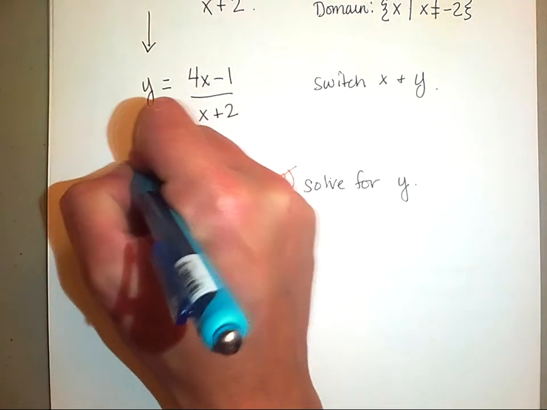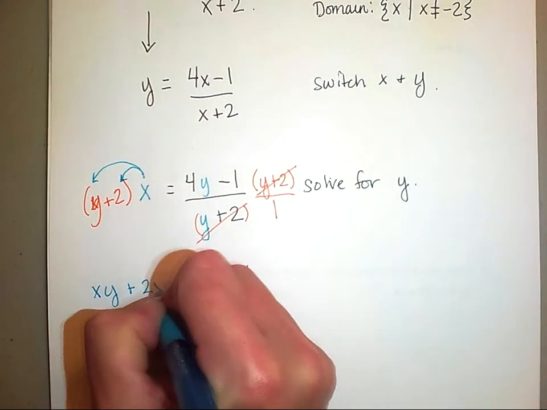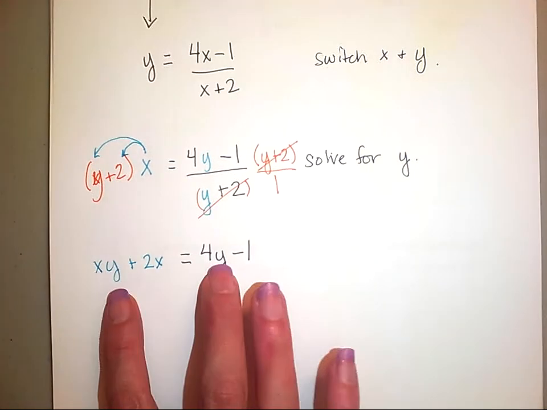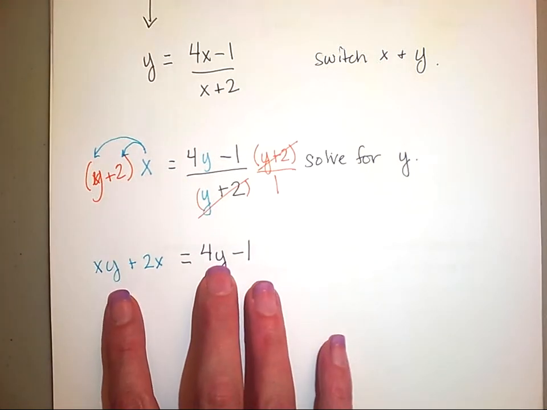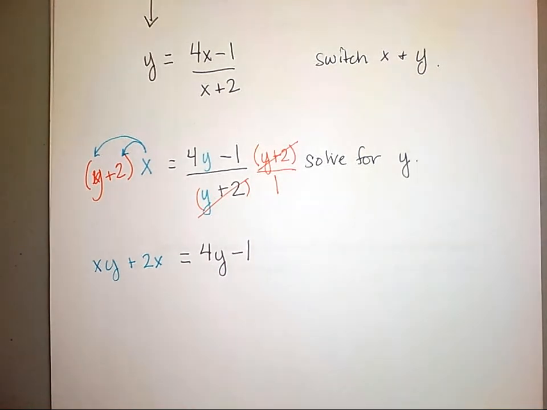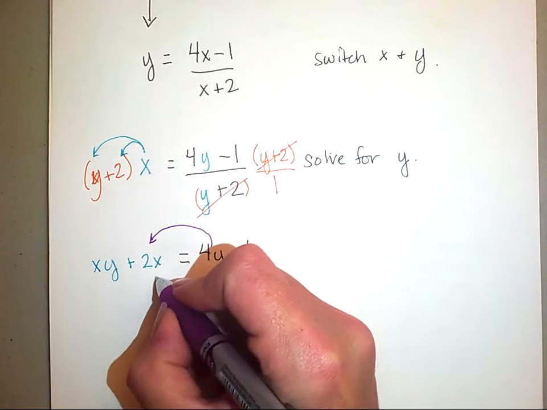And then let's distribute this x through. So xy plus 2x. Now we still have the problem that we have two different y's, but at least they're not in the denominator anymore. So if we're going to try and solve for y, let's at least get the terms with y on one side. So let's move this one over here.